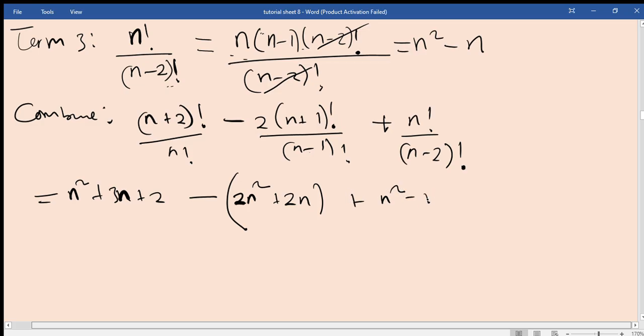So when you simplify everything, this becomes n squared plus 3n plus 2 minus 2n squared minus 2n plus n squared minus n. Like terms together, n squared plus n squared, that's 2n squared.